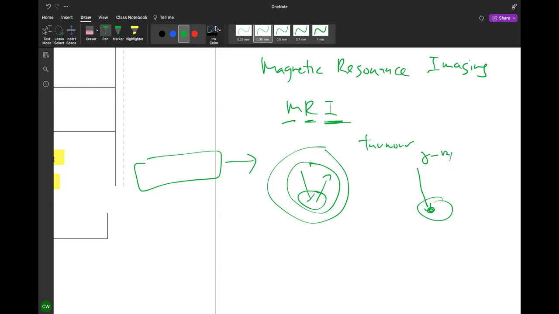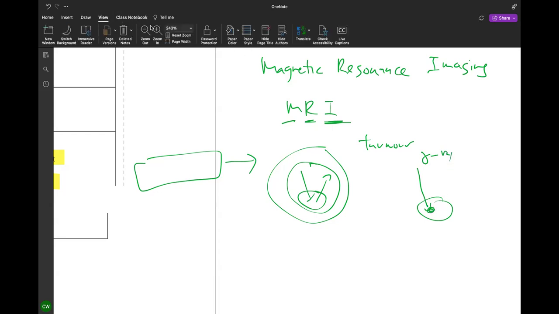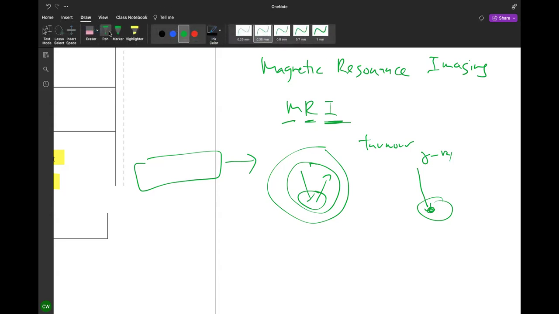So if tumor is here, then you will direct the gamma ray to the tumor, and then you will kill the tumor. 他先把肿瘤找出来，然后就射死它。Okay? Kill the tumor. Identify the position. Okay, so you cannot expose your body to the gamma ray because it might kill the healthy cell. Okay, gamma ray.